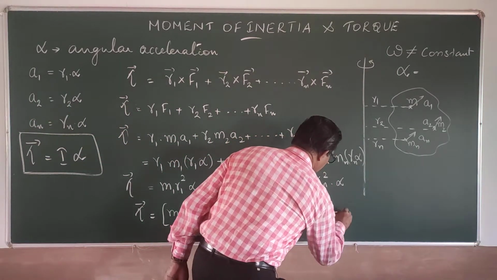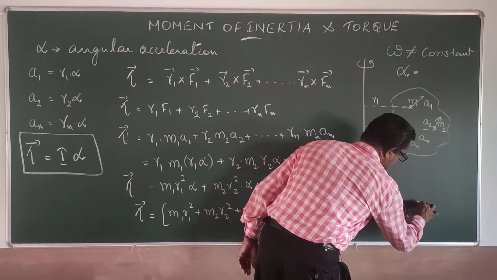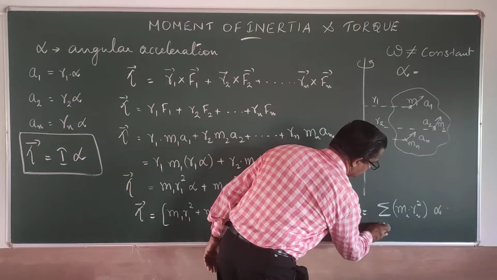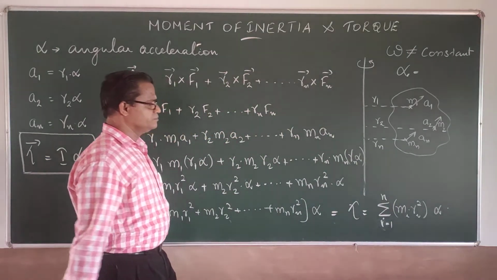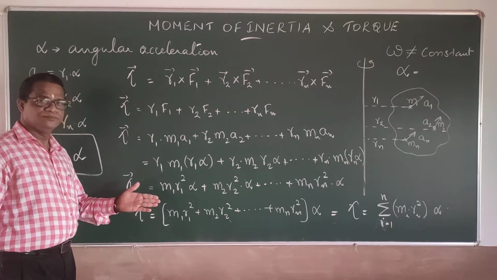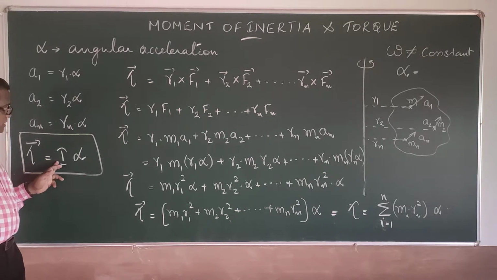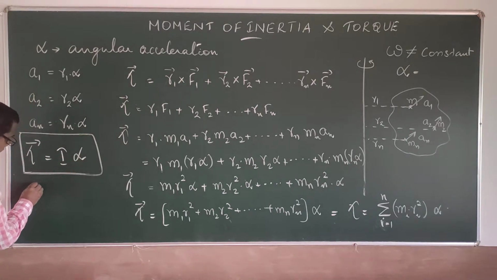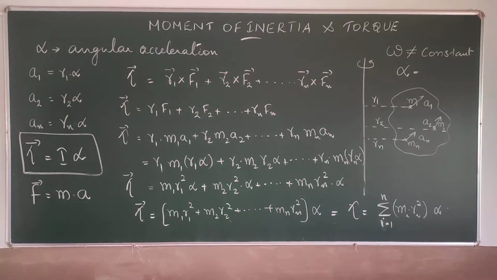That means torque equals the sum of Mi Ri square into alpha, from i equals 1 to n. So this is the relation connecting moment of inertia and torque: torque equals moment of inertia into angular acceleration. Compare that with the force F equals mass into linear acceleration.